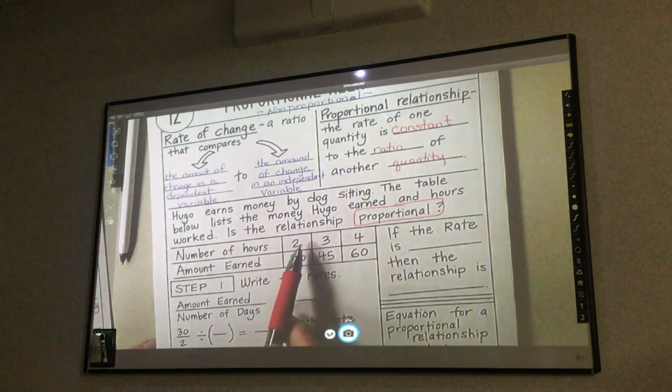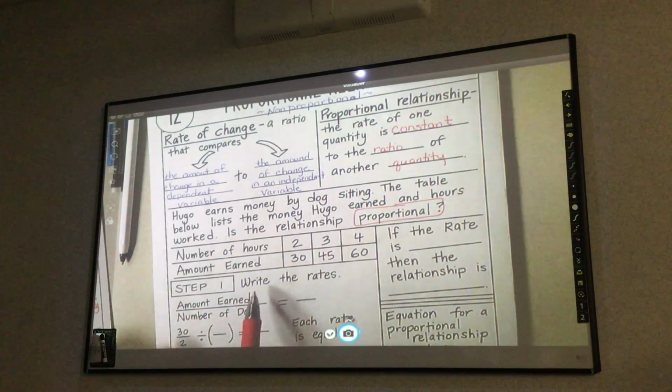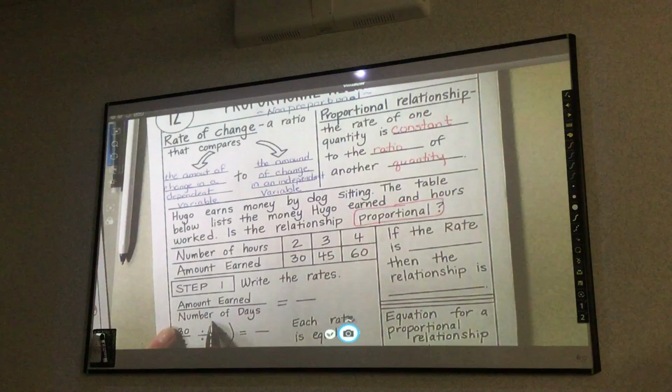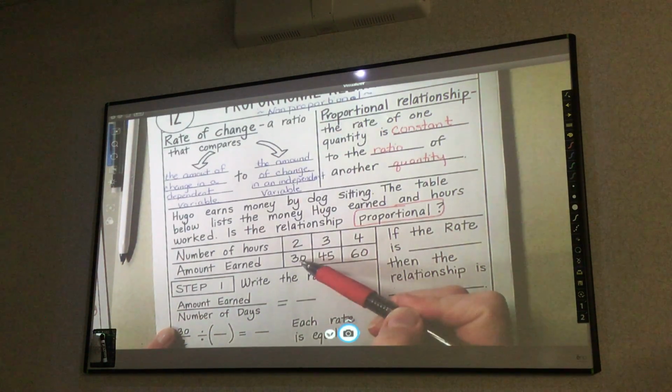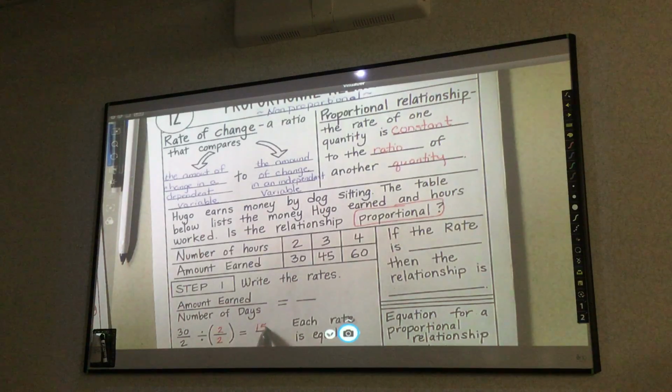So we have the number of hours to the amount earned. First, step one is you write the ratio. It is amount earned per the number of hours. Okay? So we start with the amount earned is 30. The number of hours is 2. We're going to reduce that by 2 to get 15 over 1.